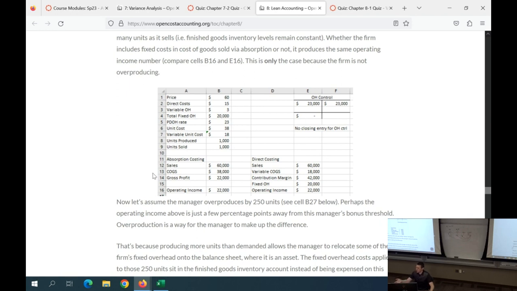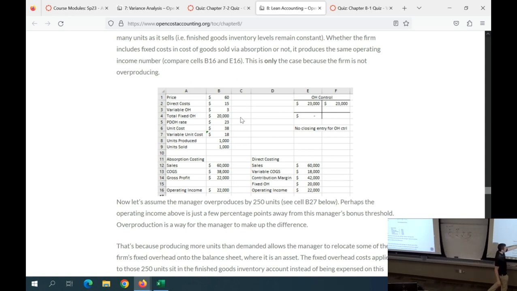And so if you overproduce, which means you'll have a backlog of units, you'll increase your finished goods units or your in-process units, increase the number that are in the backlog there, then a higher proportion of those fixed costs, in this case, the higher proportion of this 20,000, are going to be pushed onto those units and stuck on the balance sheet and not hitting the income statement.